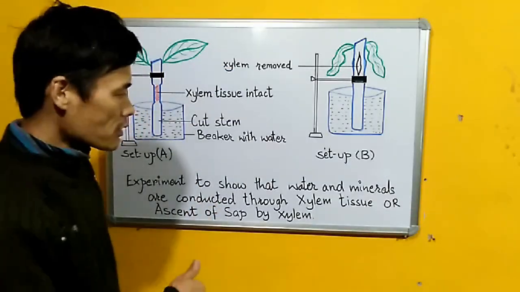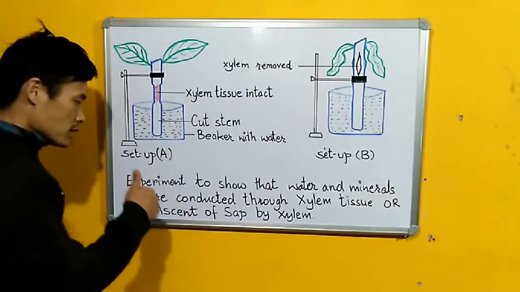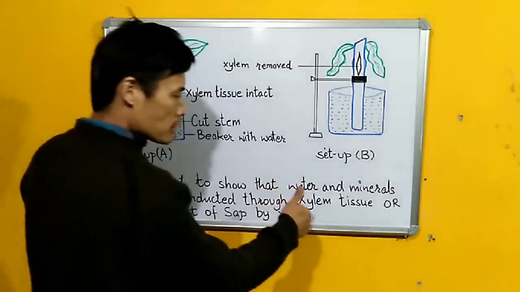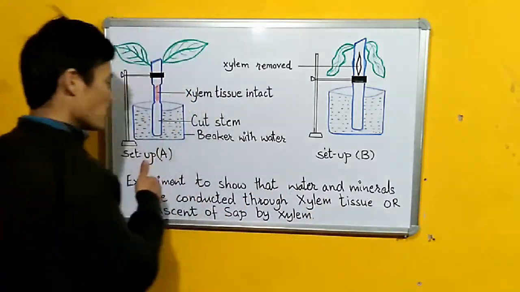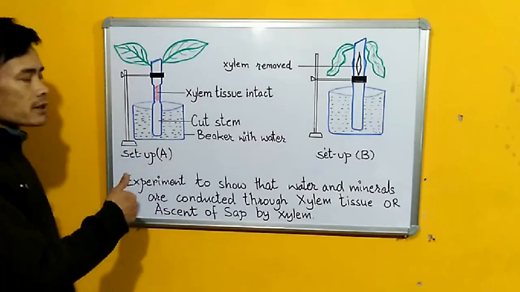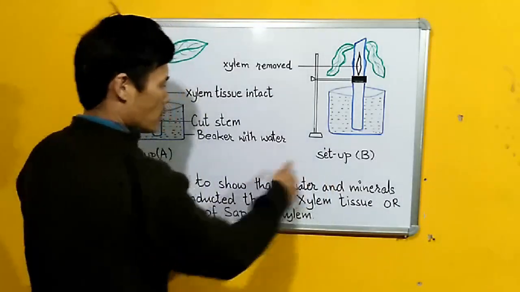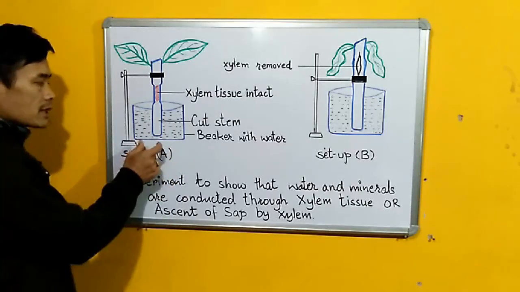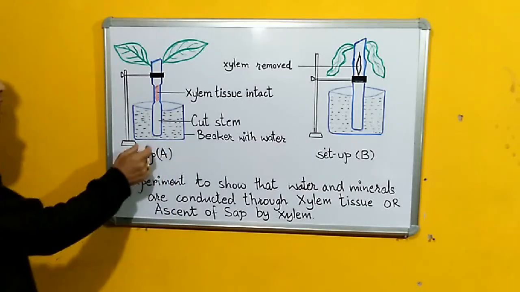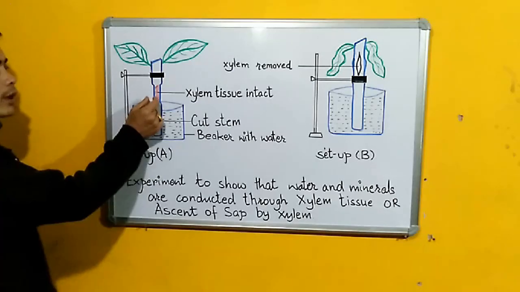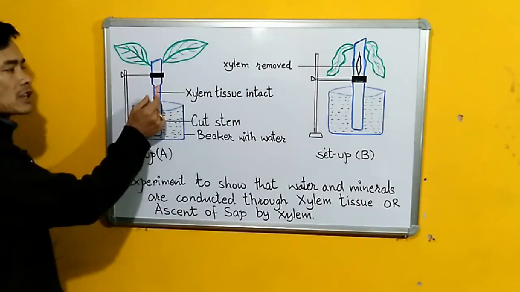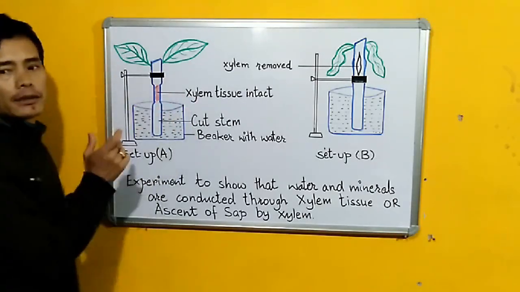Today we are going to understand that xylem is a conducting tissue with the help of an experiment which is shown as setup A and setup B on the board. In setup A, you see there is a cut stem where xylem has been kept intact.